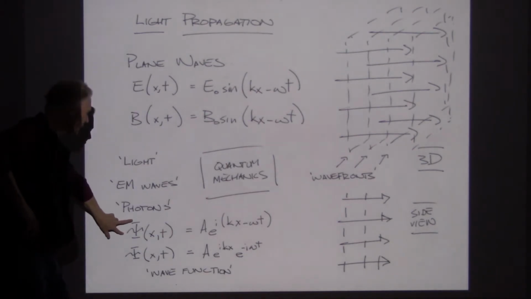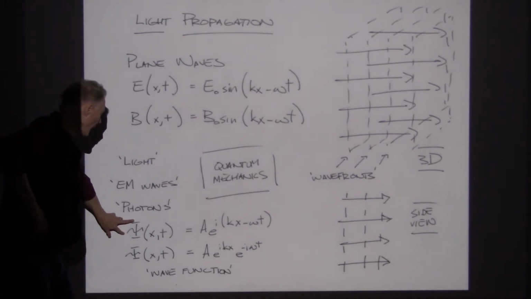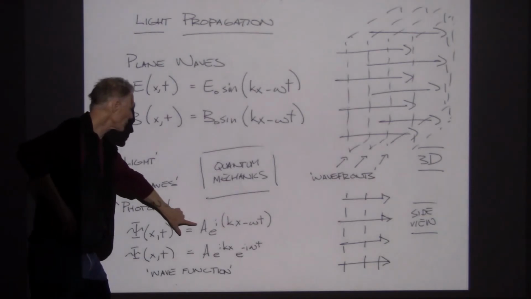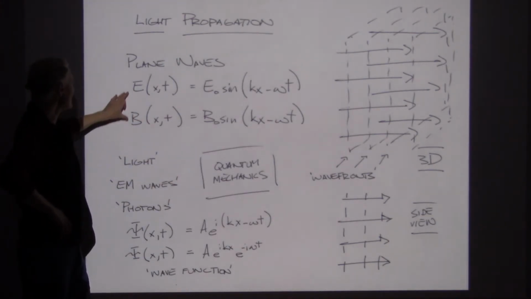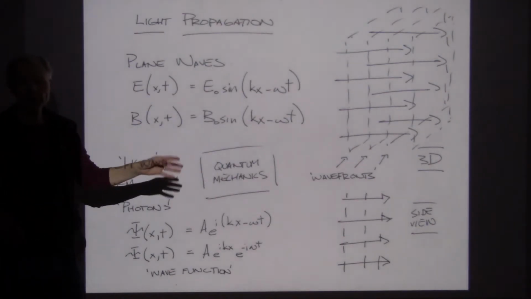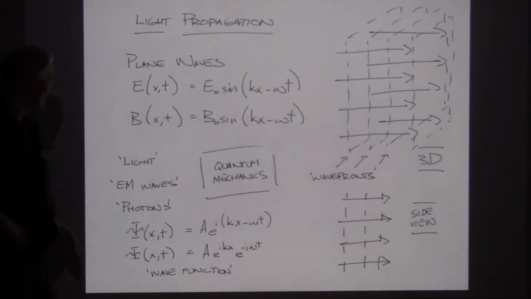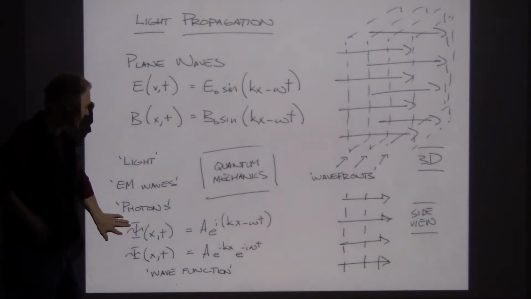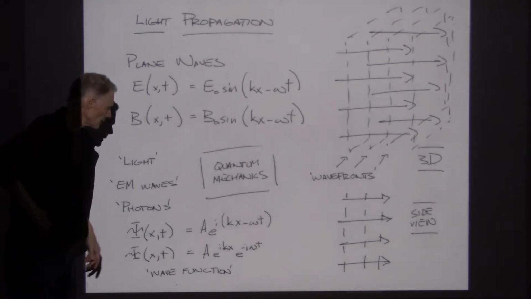So this is kind of our default wave function to represent a photon, and it's going to replace these E's and B's. And the textbook's using these E's and B's, and that's fine. And you can kind of understand what's going on with the E's and B's. But eventually, we're going to get into using, and the textbook is too, these wave functions.